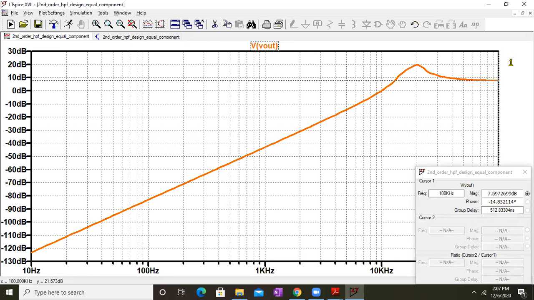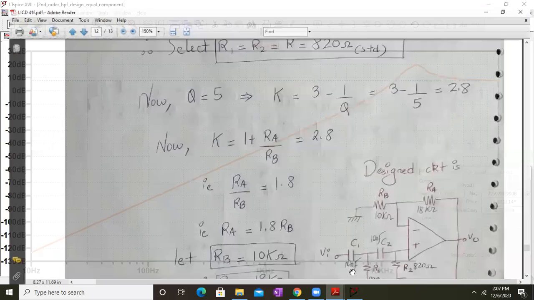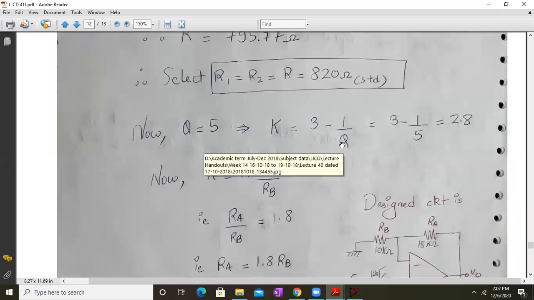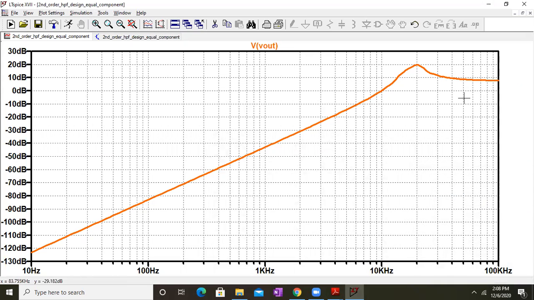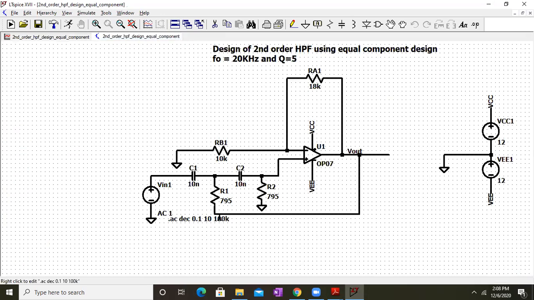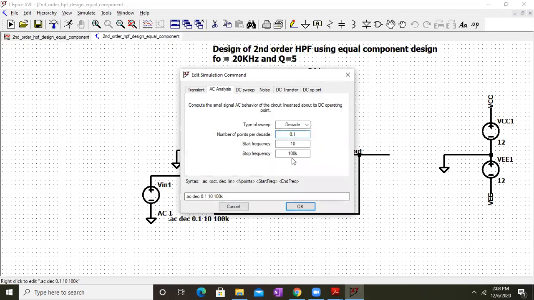Okay. Let me cross check that once more. 20 log to the base 10 of 2.8. Yeah. So here we are getting 7.59. Let me increase the range of frequencies a little. Let's say 300 kilohertz.